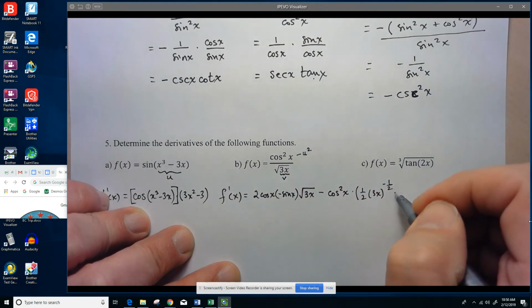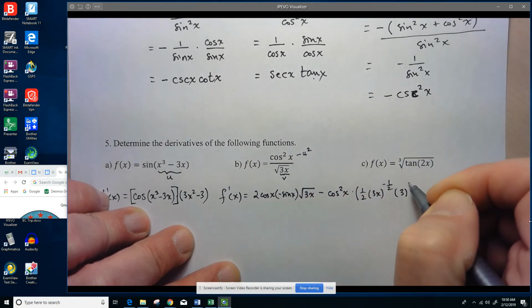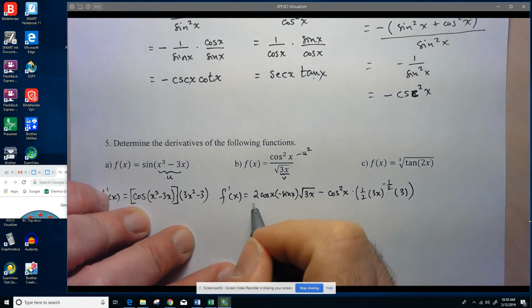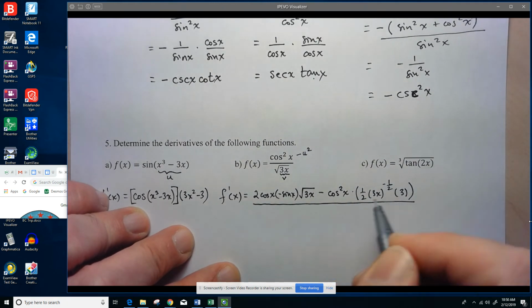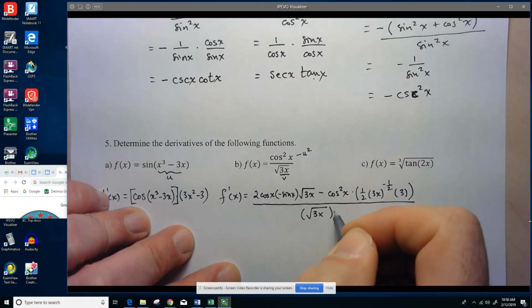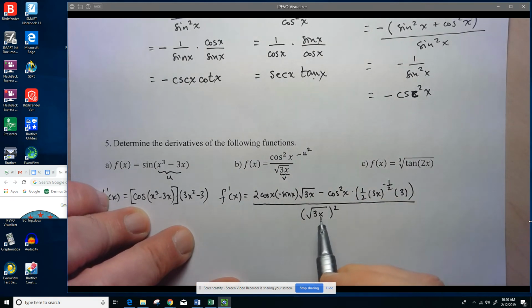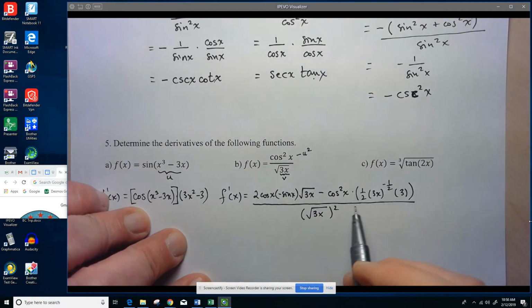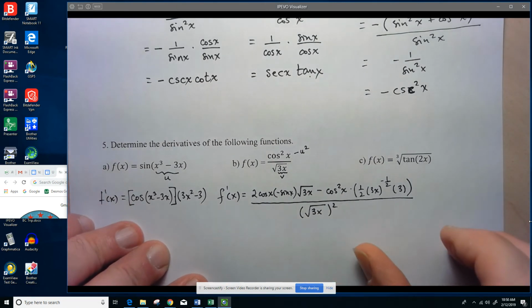Don't forget that. Derivative of 3x is 3. And of course, I have to divide by the square of my denominator function. Now obviously if I were simplifying, the square of the square root would just give me 3x, but unsimplified, we can just leave it like this.